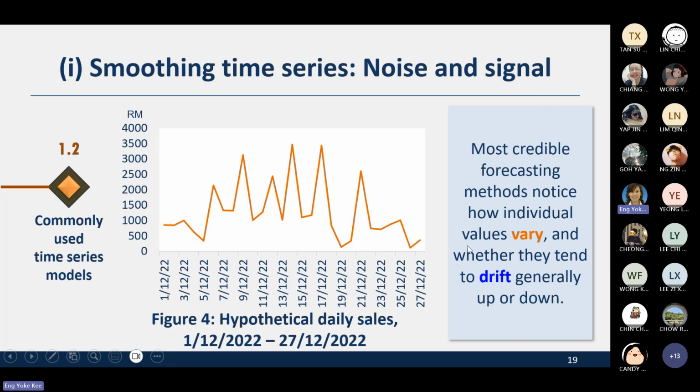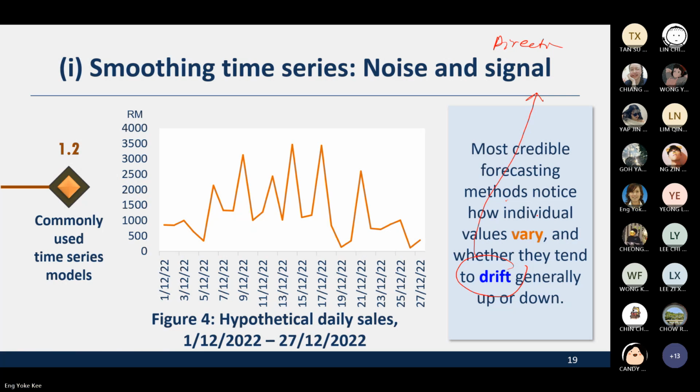Okay, now from here, you would like to identify the noise and the signal. Signal means the drift. Drift means whether you see upward trend or downward trend, generally going up or going down. Okay, so that is drift. So we will concentrate on the direction.